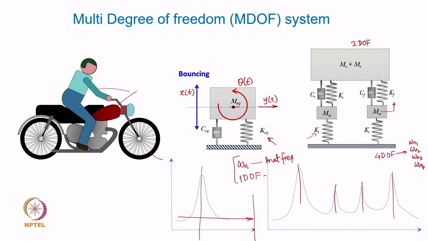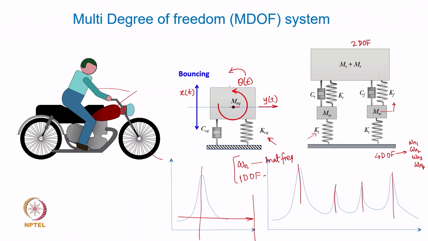Of course, it is premature to discuss, but you may not see all of these resonances appearing in the response plot. The reason is that unless you have some kind of excitation which can excite this rotational mode or pitching mode, you may not excite it.